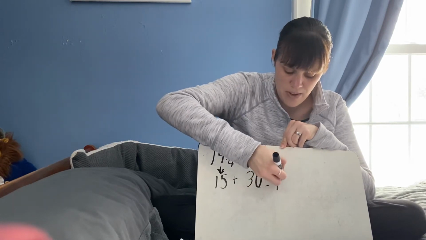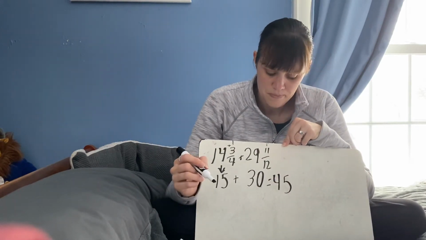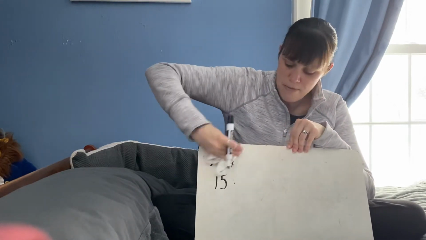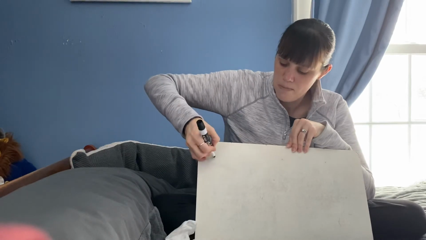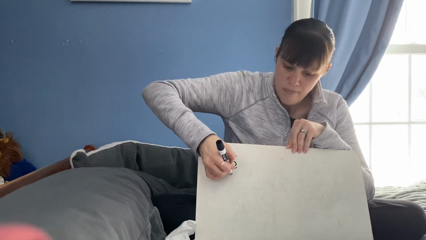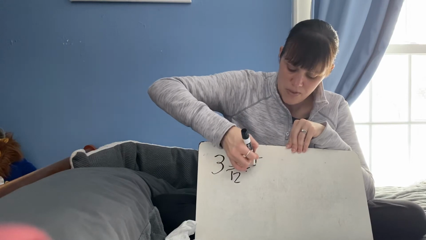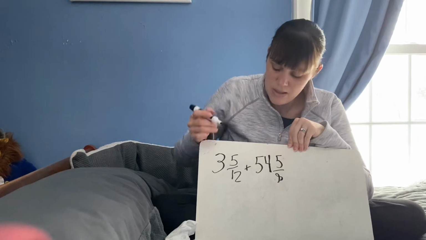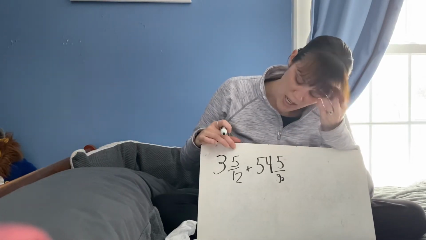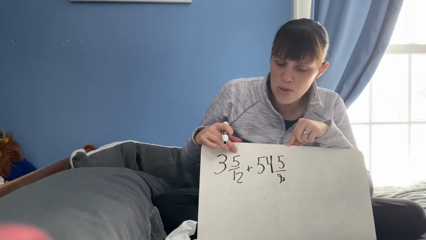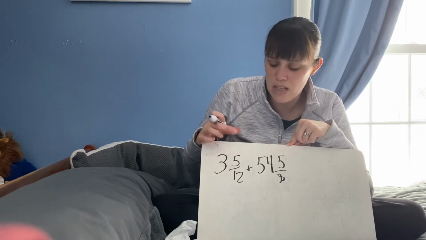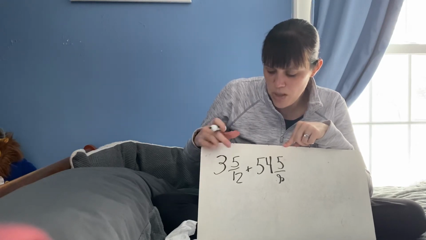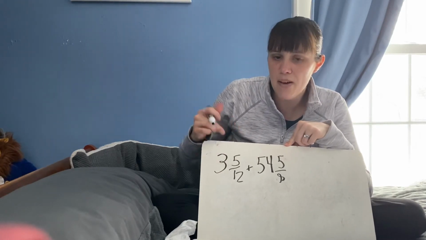B, 3 5/12. Ooh, that's a tricky one. Plus 54 5/8. Now, this is an interesting one, because I know that 5/12 is really close to 6/12, and 6/12 is 1/2. So instead of doing only whole numbers, what if we do half for this one?